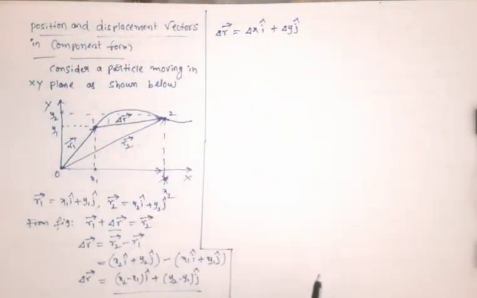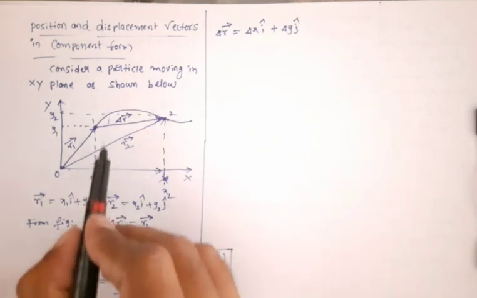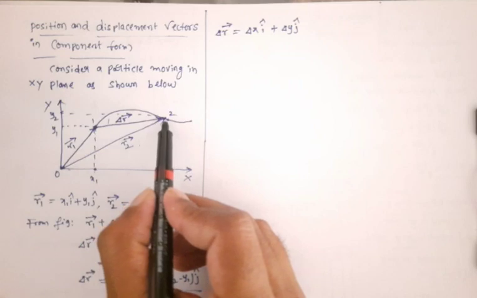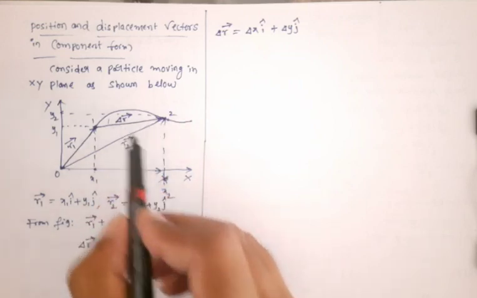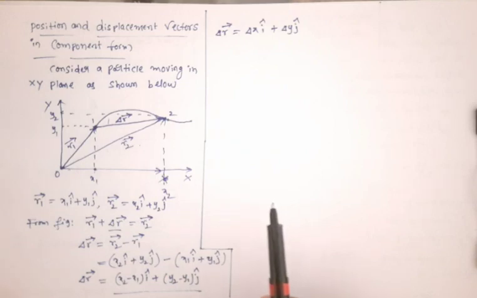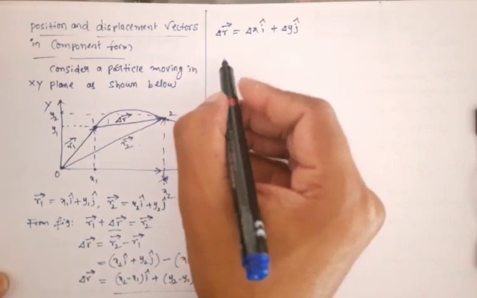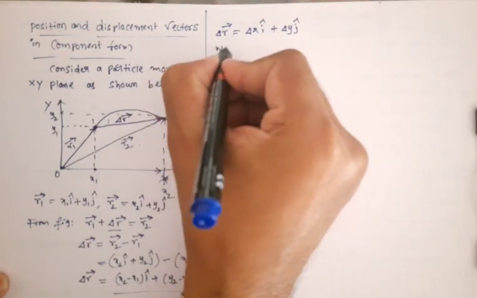Now let us write the equation for average velocity. Let the time taken for the particle to move from here to here be delta t, and the displacement vector is delta r bar. Now can we write average velocity? Yes, we can.